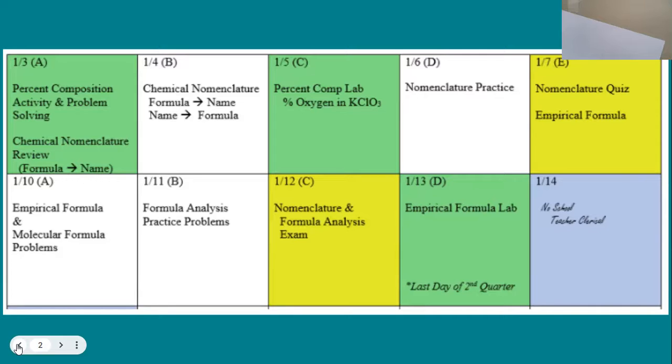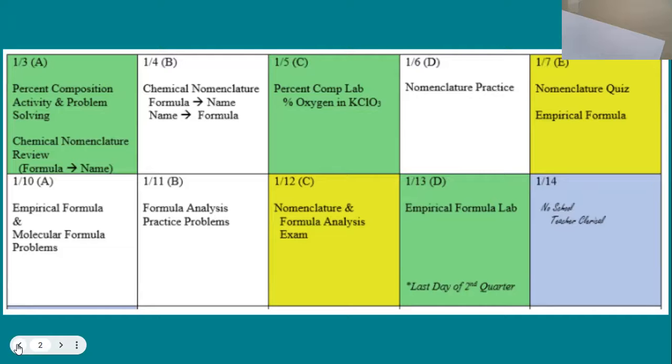Wednesday, we will be in lab doing a very classic decomposition reaction. Thursday, do some practice because on Friday, the true end of the first week, we will test ourselves on going both directions.